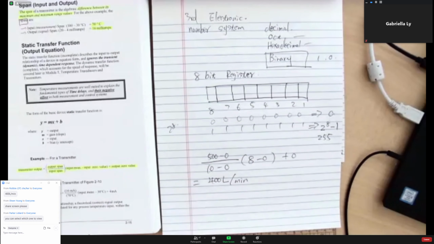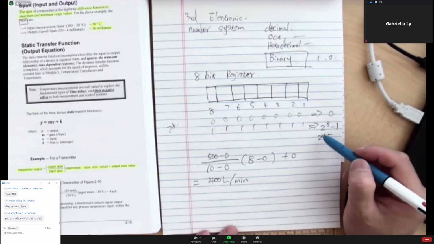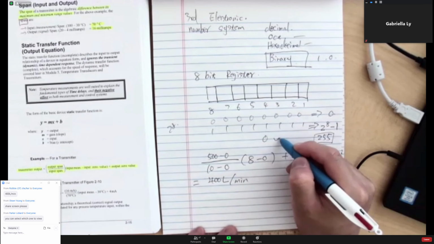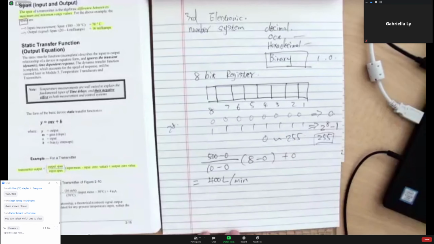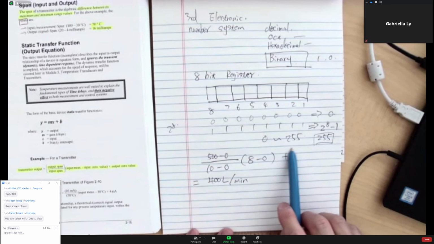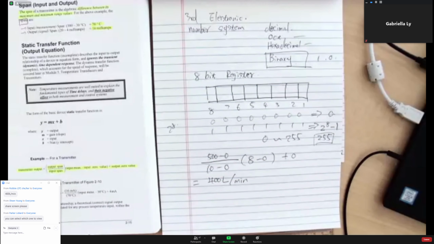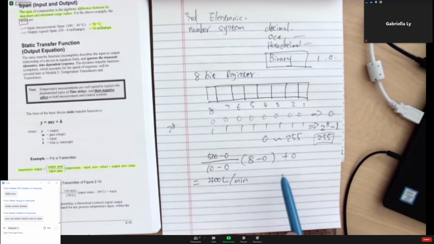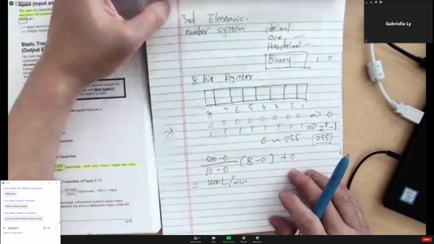Now the second part is we have a resolution from 0 to 255. So we need to convert this into a number down there. You can use the 400 liters, it doesn't matter, or you can use 8 volts. Both ways will work.